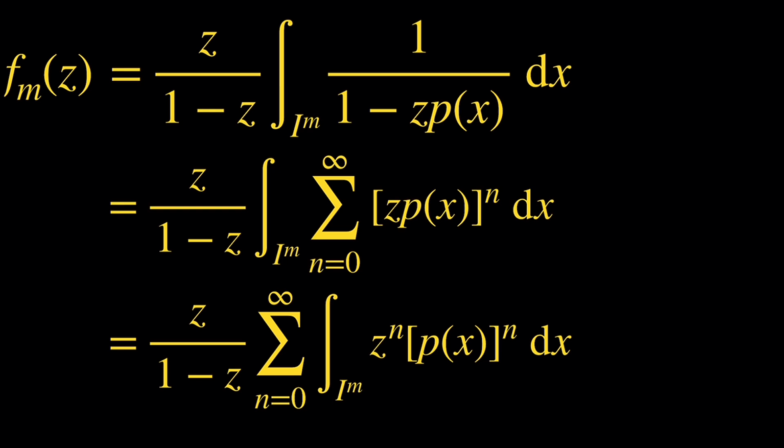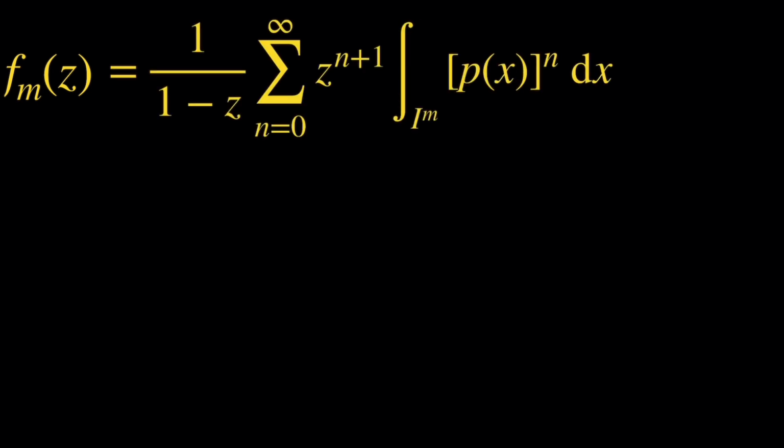Now z^n is simply a constant with respect to x, so we can also take it outside. By taking it outside, we get the following.